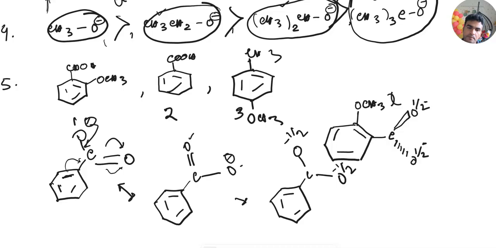So benzoic acid will be less acidic than acetic acid. There is also a minus I effect of the benzene ring, but that is quite lesser than the plus R effect.